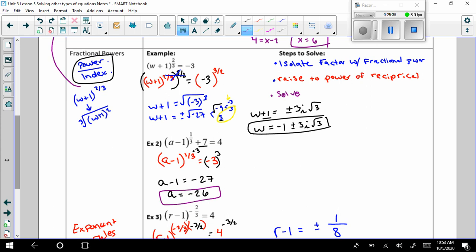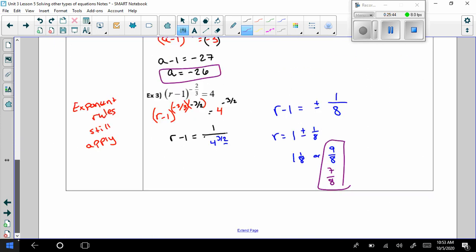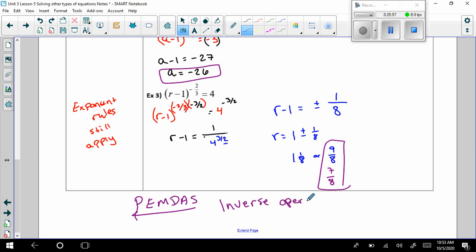Then get rid of any exponents that you can, and then get rid of any parentheses that you can. So for all of these problems, you are taking your PEMDAS and you are working it backwards. That is what it means by inverse operations. How can we cancel out things?